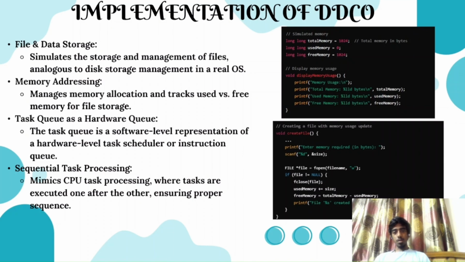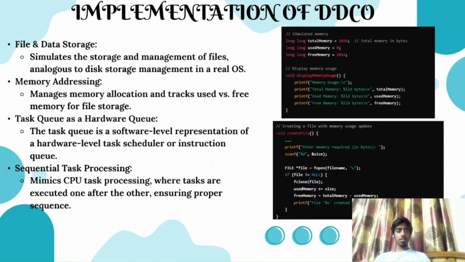If the file is not equal to null, it means the file was opened successfully. Then the file is closed. If it was opened, then the used memory is increased by the size of the newly created file. Then the free memory is calculated by subtracting the used memory from the total memory. And then it prints a success message to the console indicating that the file has been created successfully.